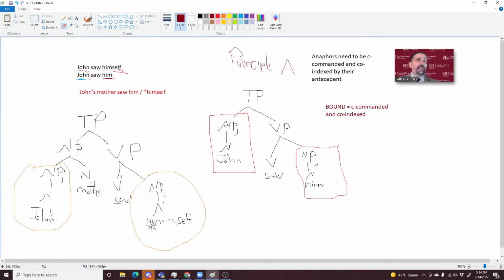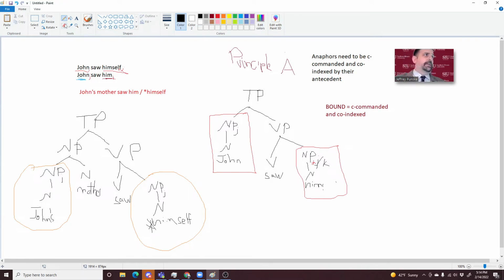So if I try to have co-indexation here, I get ungrammaticality. So this is ungrammatical if this is co-indexed. And I'll just mark that with a little asterisk there. But it's perfectly grammatical if him refers to another individual. That's interesting.